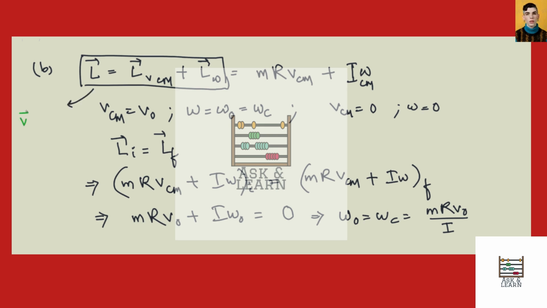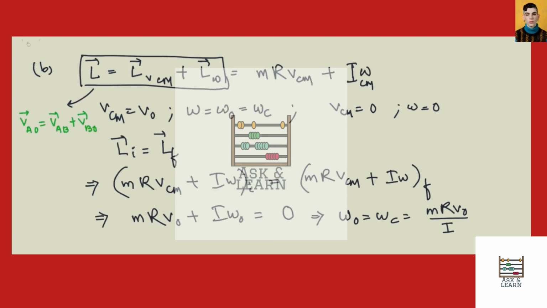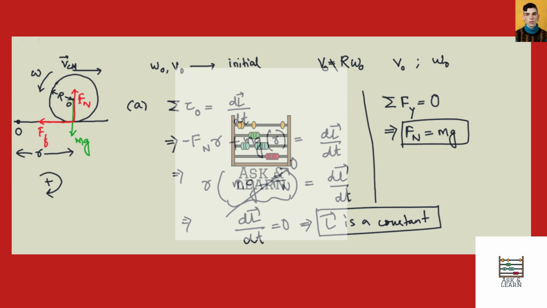So velocity, according to relative velocity addition, velocity of A with respect to O can be written as velocity of A with respect to B plus velocity of B with respect to O. Now, considering this is your point O and this is B, and let's say this is A.